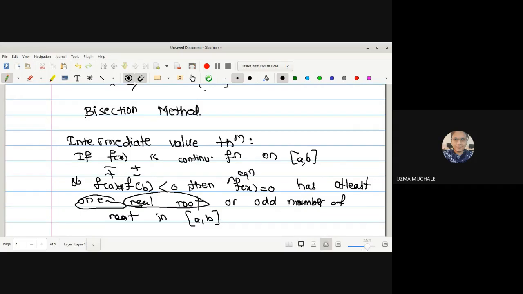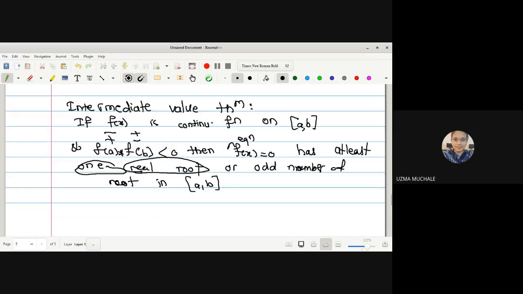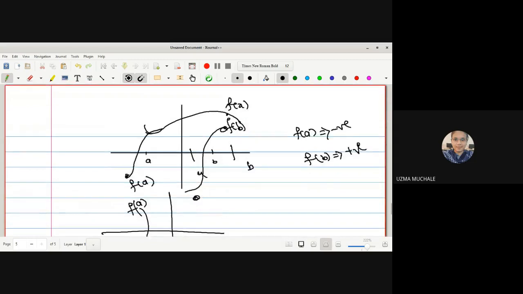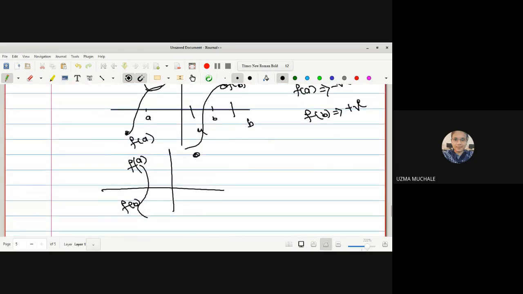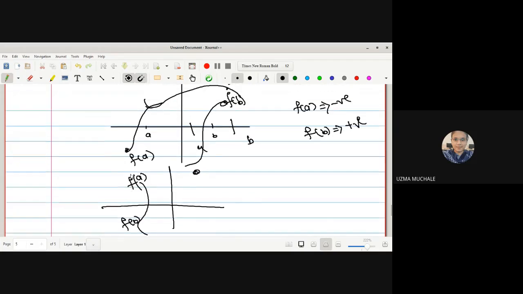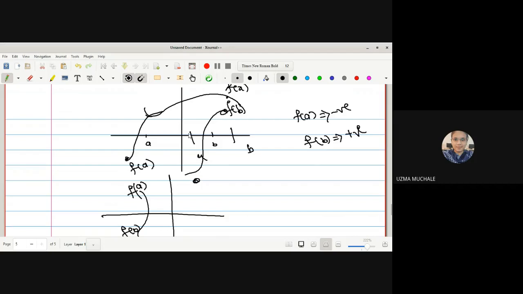So if the condition is that f of a into f of b should be less than 0, we can consider anything. Either f of a is positive or f of b is negative. One of them should be positive, another should be negative. So what do you mean by this? Can anyone predict the graph, this one?